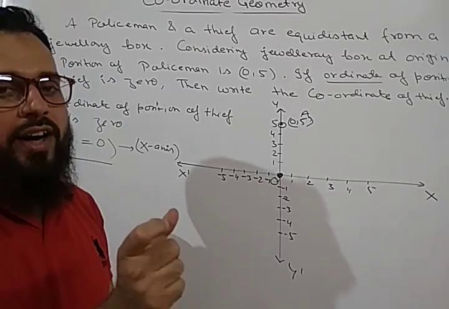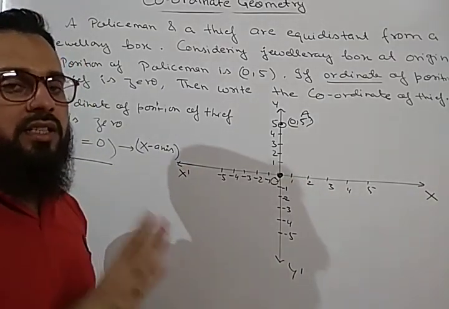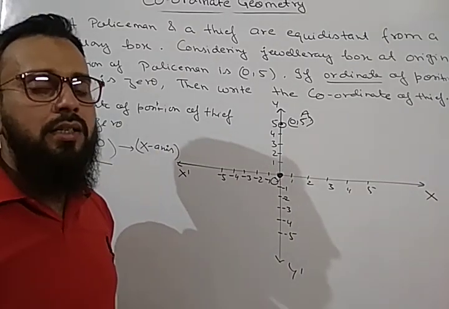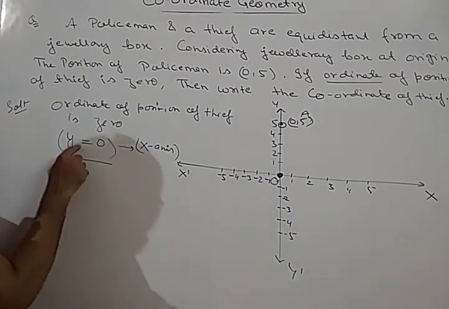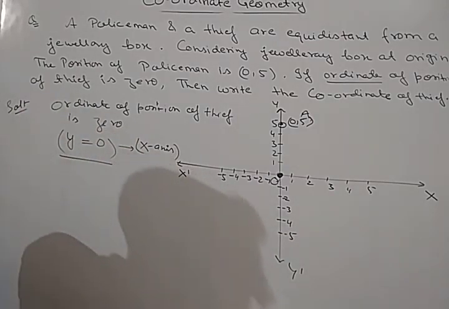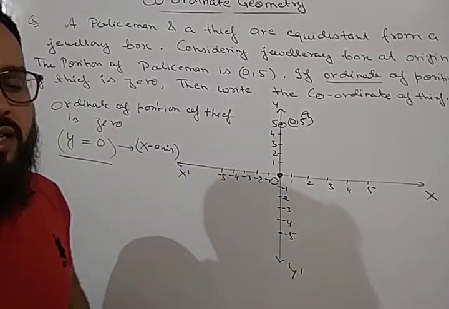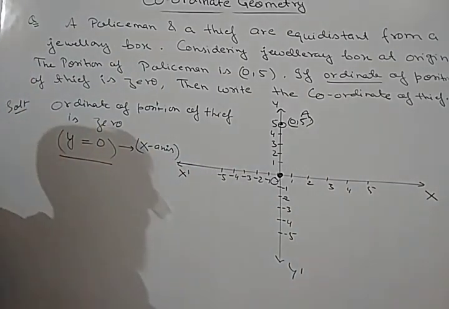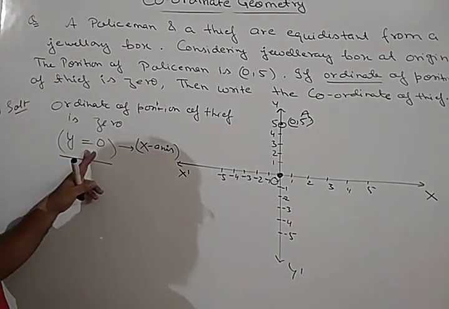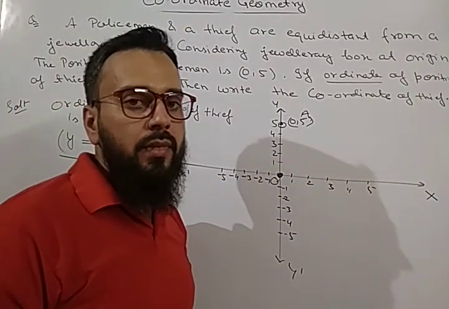If the distance of a point from the x-axis is 0, then y equals 0, and if the distance from the y-axis is 0, then x equals 0. So it means this point will lie on the x-axis. The first important thing you get is that the thief will lie on the x-axis, not on the y-axis, because here y is 0.